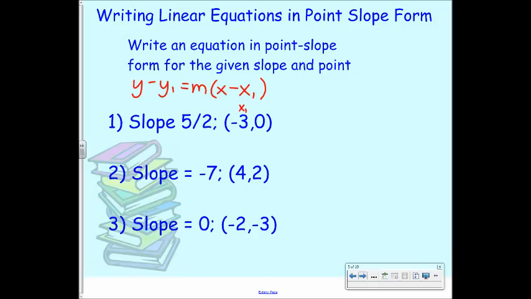What's 0? y1. And what's this? Slope is what letter? M. Okay, so then I just plug them in. That formula would be y minus 0 equals 5/2 times x minus -3. And this minus a negative becomes a plus. You could leave it as minus a negative. It doesn't matter.